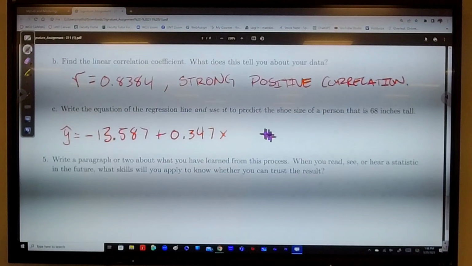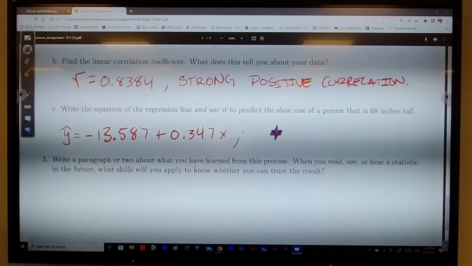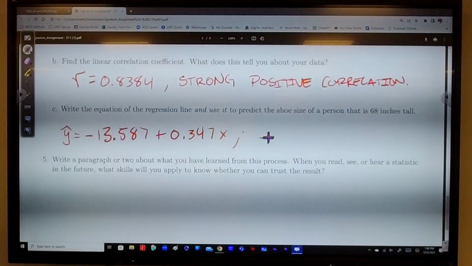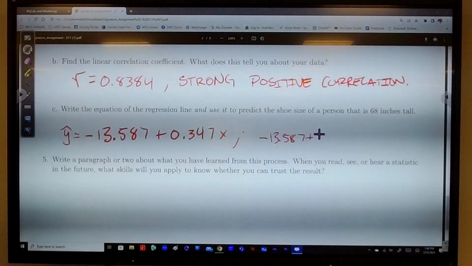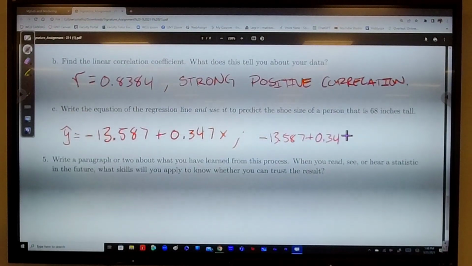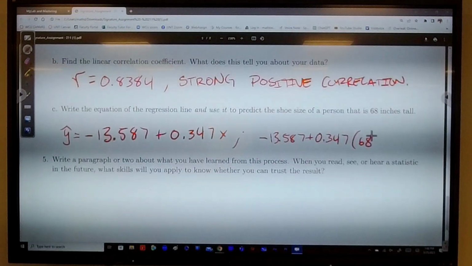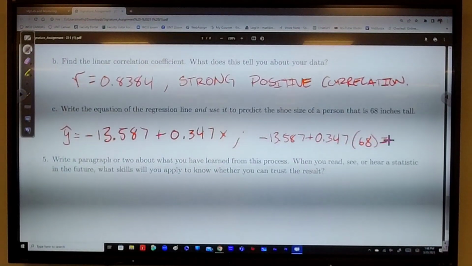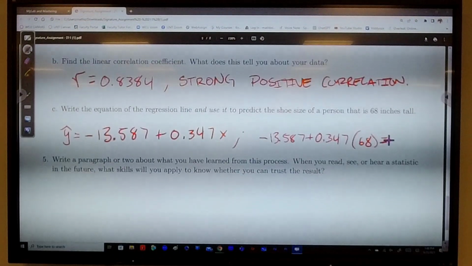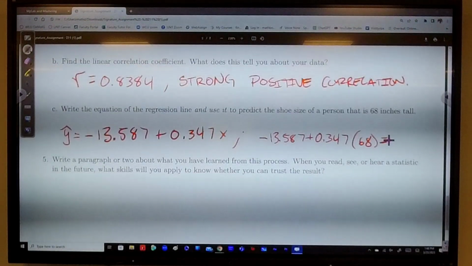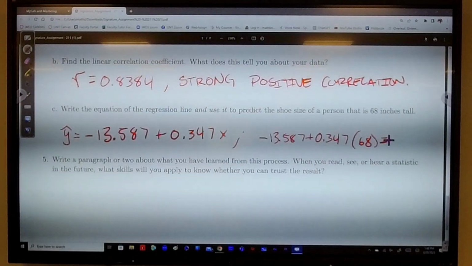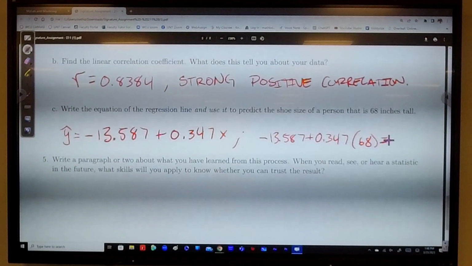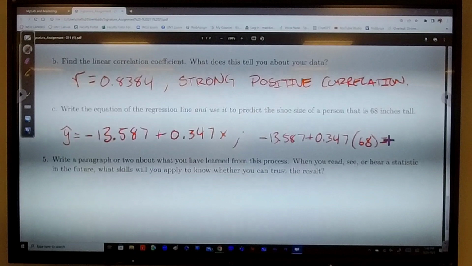So there's my equation, and to use it, I would be saying negative 13.587 plus 0.347 times 68 is equal to, well, let's see, 10.